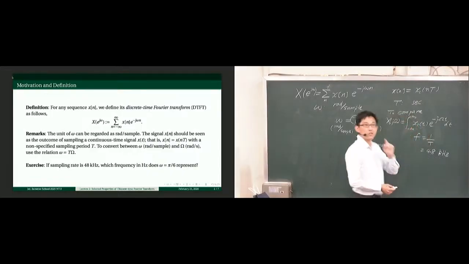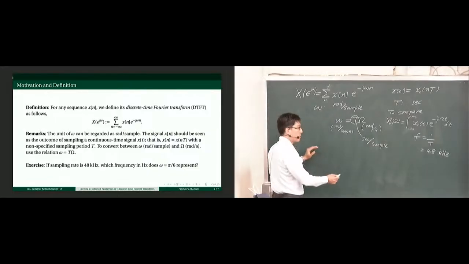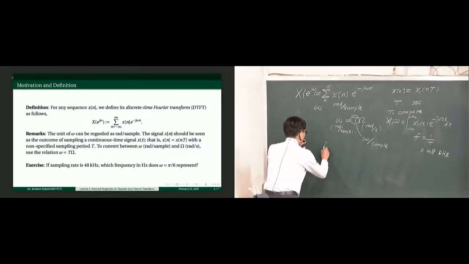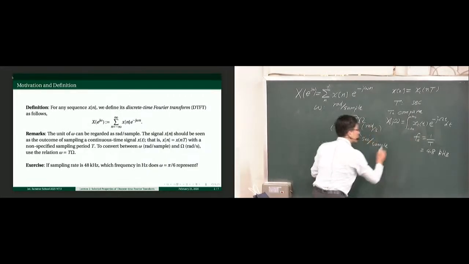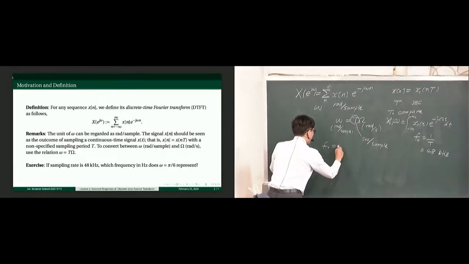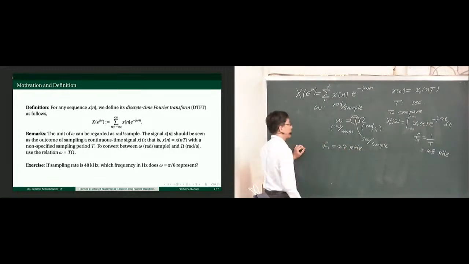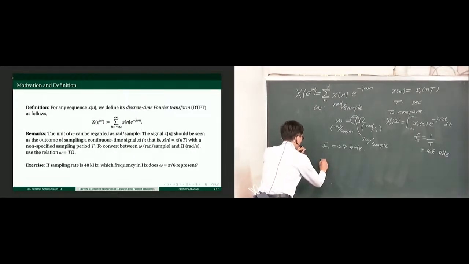Okay, thank you for the 4k hertz answer. That is correct. So let's work it out. By the way, sampling rate is usually denoted as f sub s. Okay, f sub s is 48 kilohertz.